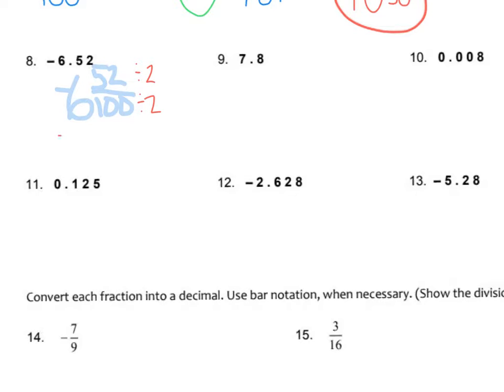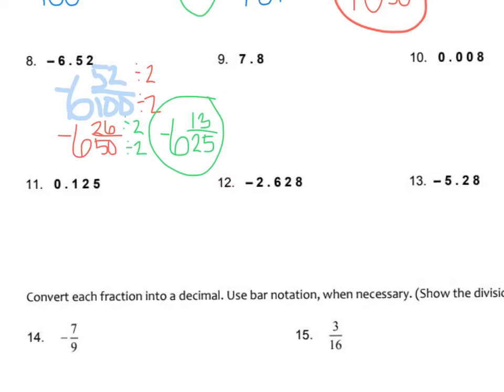So I'll have negative 6. 52 divided by 2 is 26 over 50. I know I could divide again. So I have negative 6. 26 divided by 2 is 13. 50 divided by 2 is 25. And that should be my final answer.